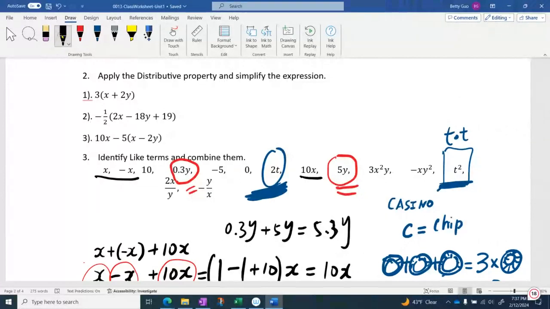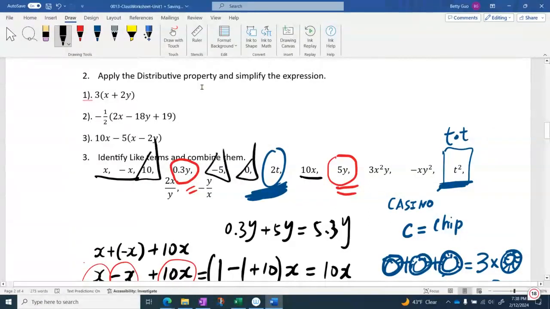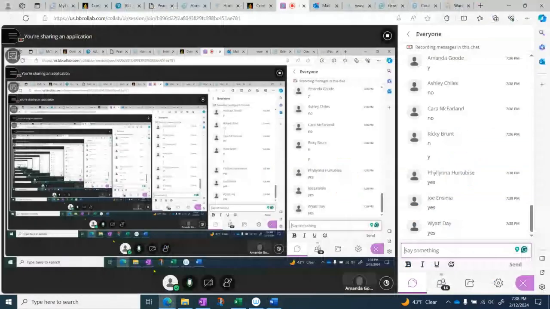Let me do this symbol, triangle, 10, 95, 0. Do you agree those are terms and they are like terms? What kind of terms are they? We only learned today 2 basic types of terms. What are they called?